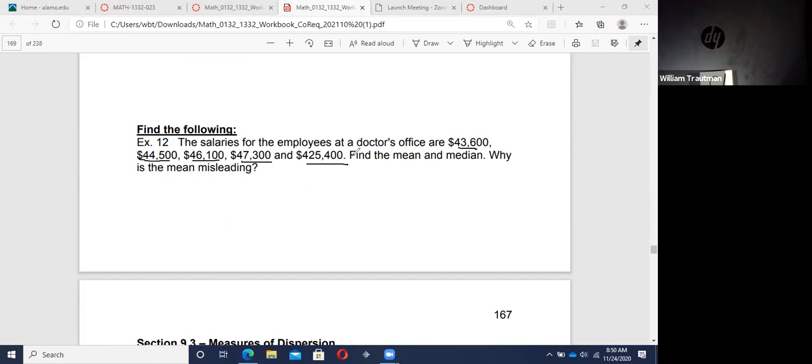I'm going to type all those into list 1, and I'm clearing out my list 2 also. 43,600 into list 1, 44,500, 46,100, 47,300, and 425,400.